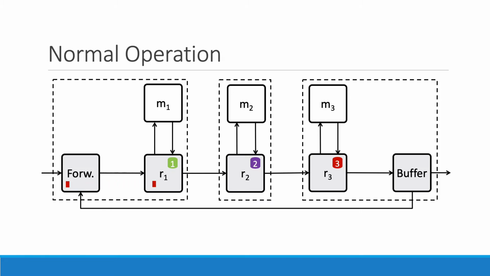As the packet passes through the chain, each replica detaches and replicates the state, tracks the state changes made by the middlebox, and piggybacks these state changes onto the packet before forwarding it to the next middlebox of the chain. The buffer releases the packet once the state of middlebox M3 is replicated at the beginning of the chain. This allows FTC to eliminate the need of any dedicated replica servers to tolerate failures.